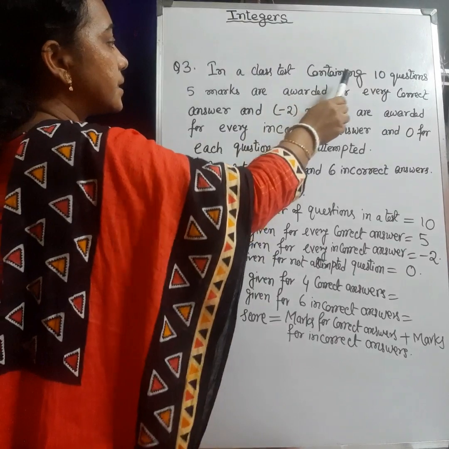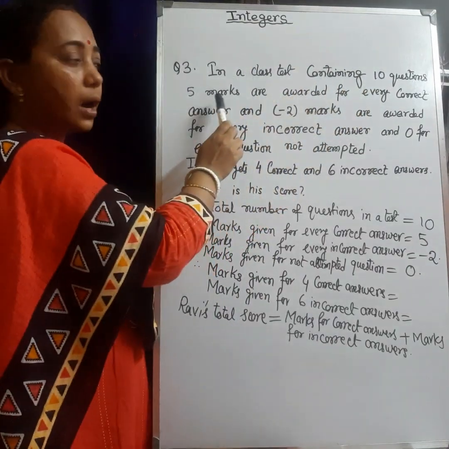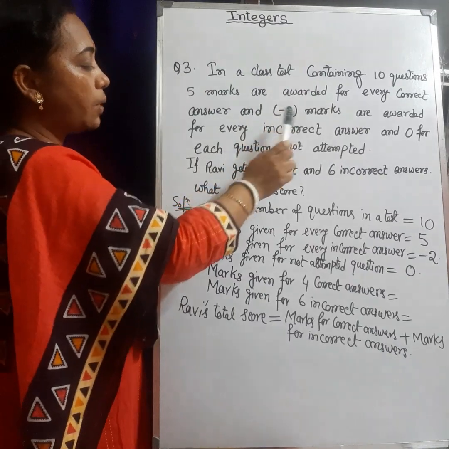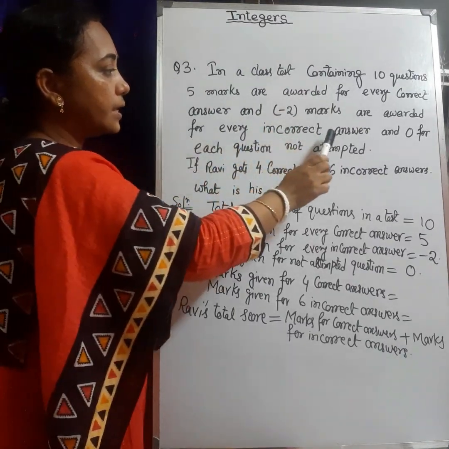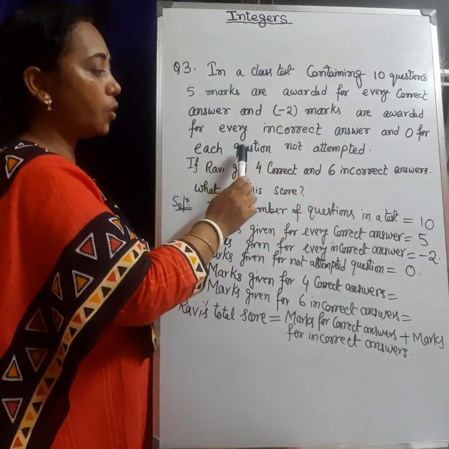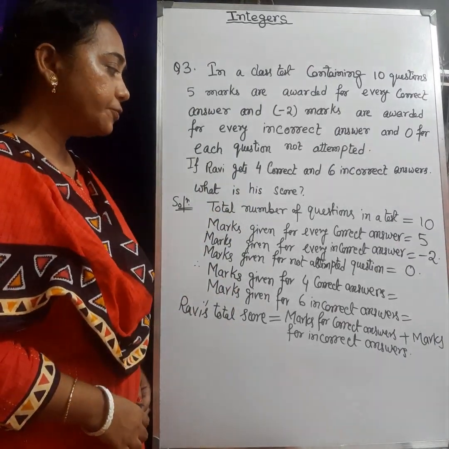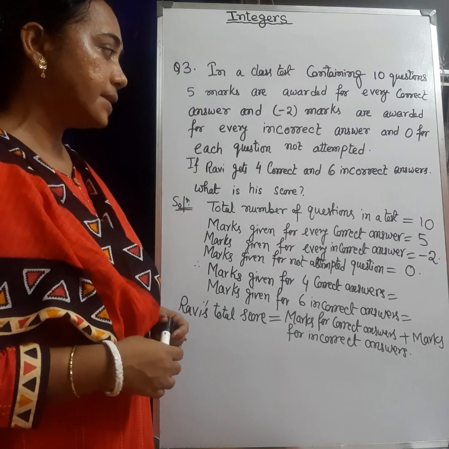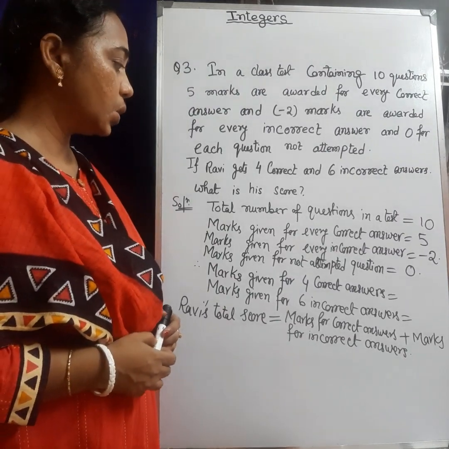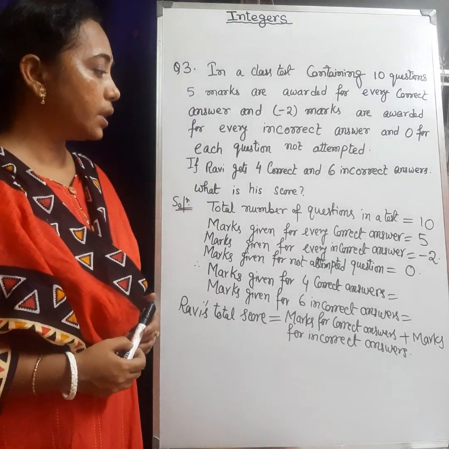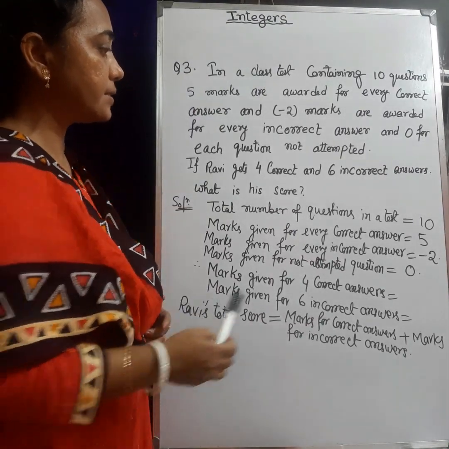Now, let us see another question. In a class test containing 10 questions, 5 marks are awarded for every correct answer and -2 marks are awarded for every incorrect answer and 0 for each question not attempted. If Ravi gets 4 correct and 6 incorrect answers, what is his score? According to this question, the total number of questions in the class test is 10.